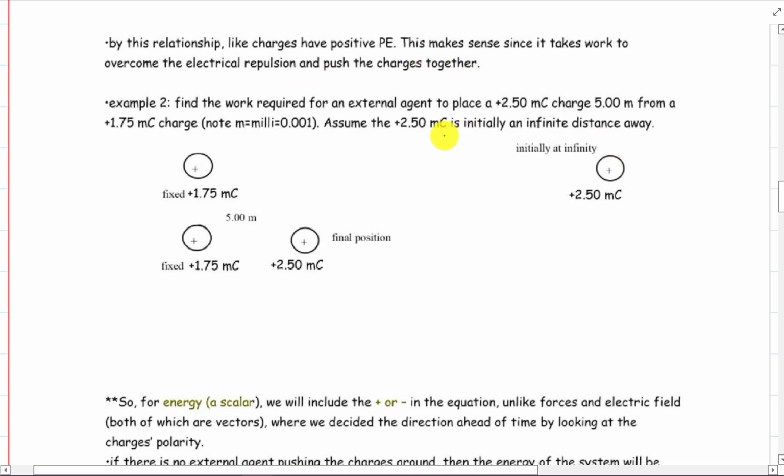So example 2, find the work required for an external agent to place a charge, that's us pushing it, taking this charge and pushing it from infinity to a distance of 5 meters. Everything's initially at rest, and this guy is fixed, held in position.